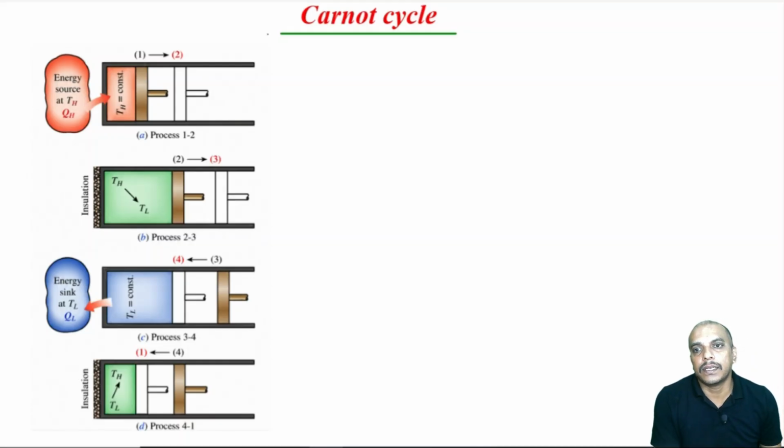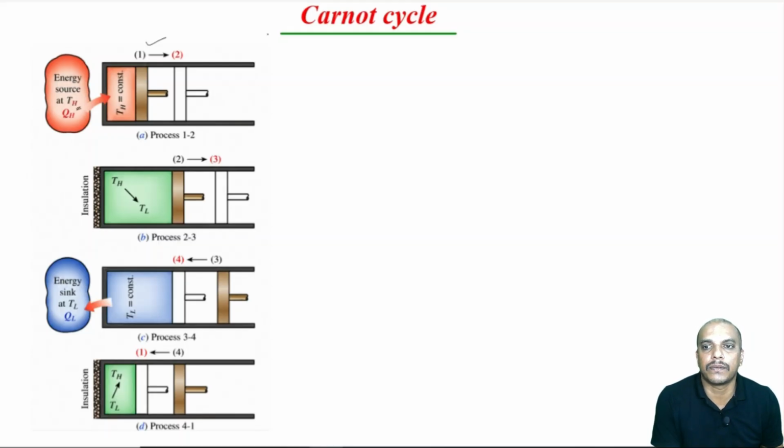Imagine there is a cylinder and piston arrangement, and we are talking about, of course, a closed system, and there is air inside this system. Now, we are talking about the first figure where there is a piston and cylinder arrangement, and it is arranged in such a way that this cylinder head can be replaced by an energy source which is at some temperature, and we can add the heat from an external source.